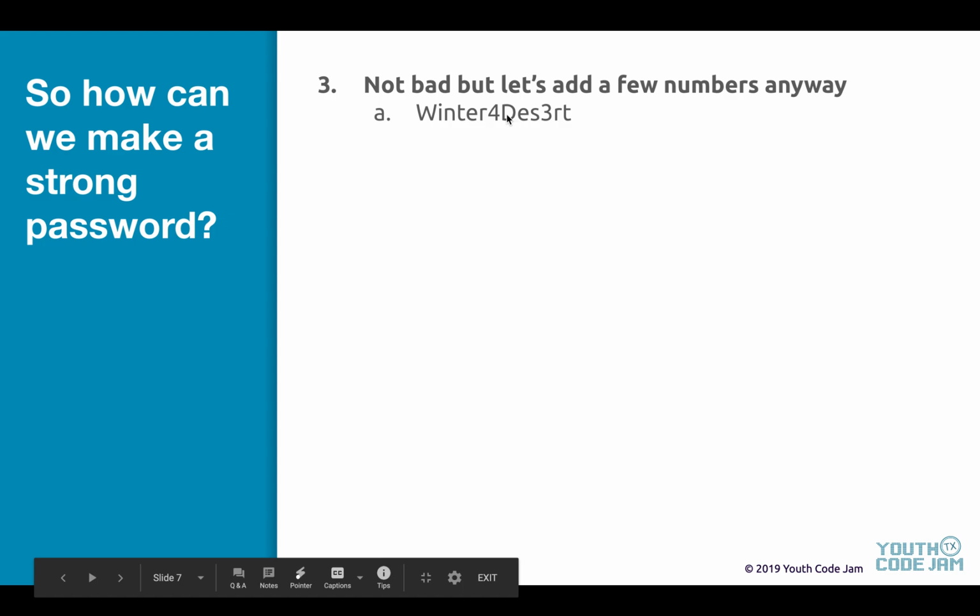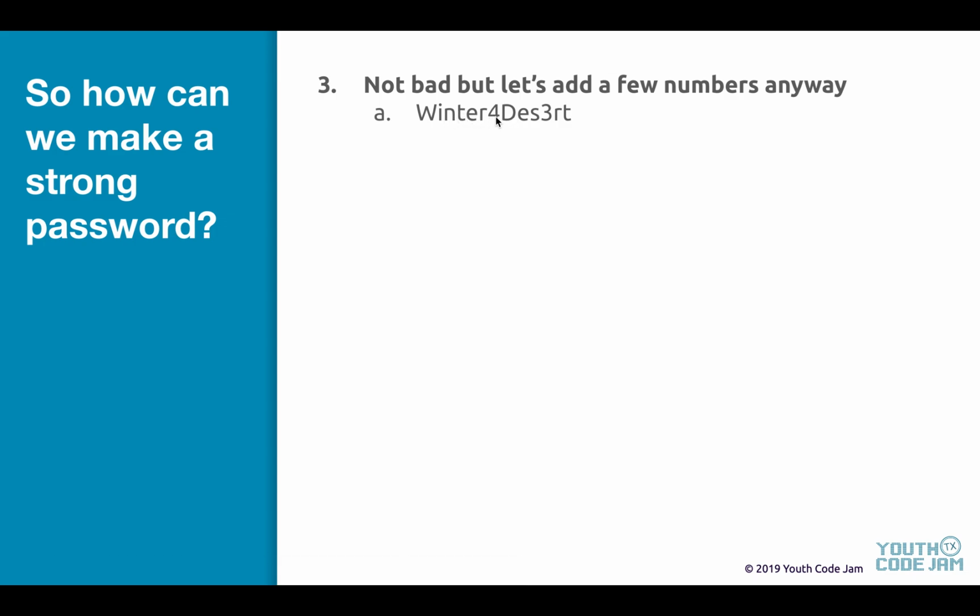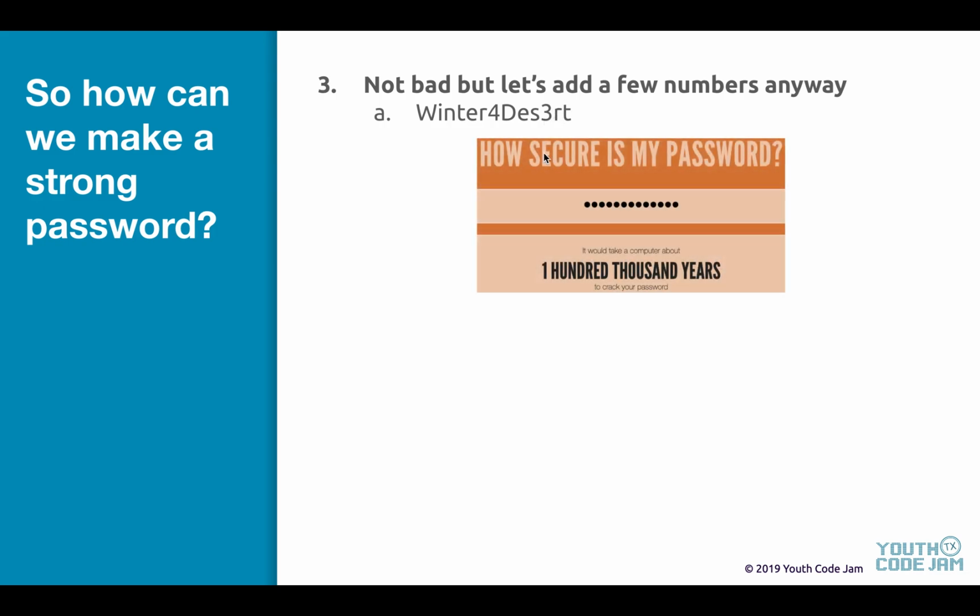So if we add a few numbers, I added a 4 between the R and D, and I changed the second E of desert to a 3. Again, that's something common. That's not necessarily the most secretive thing in the world. If you guys have played with texting or IM speak, when you're sending shorthand messages over the internet or over Wi-Fi, you've probably replaced an E with a 3 at some point to shorten it.